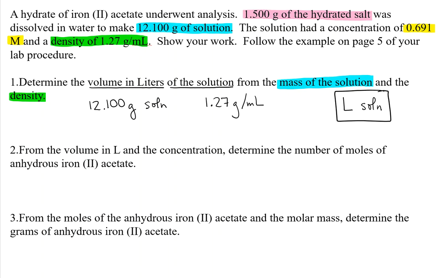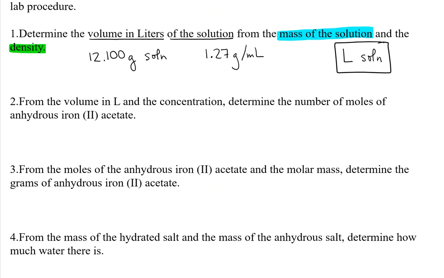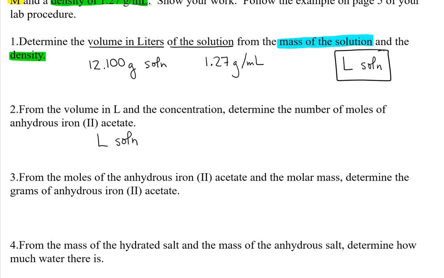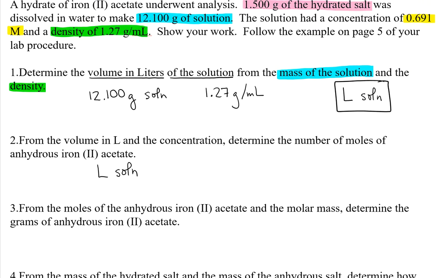After you get the liters of solution, from the volume in liters, you're going to start your dimensional analysis here with the liters of solution that you figured out in number 1 above, and the concentration. The concentration is 0.691 moles per liter. Determine the number of moles of the anhydrous.